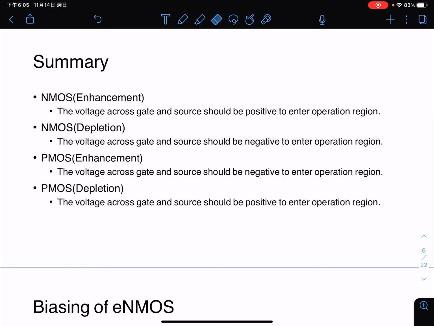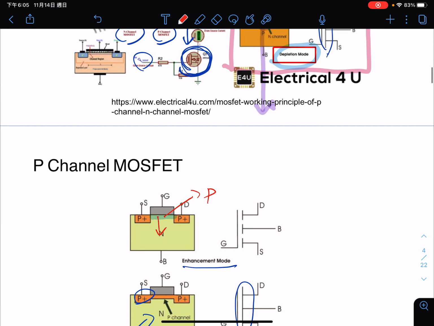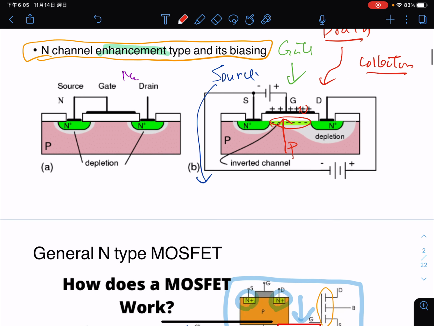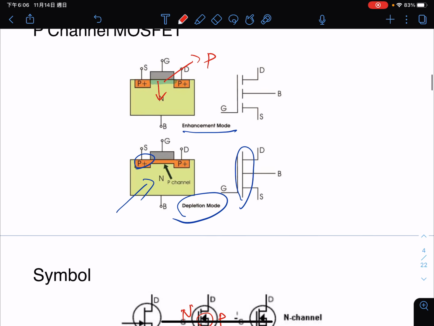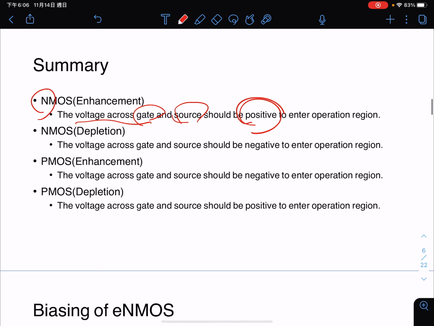In the enhancement mode MOSFET, the voltage across gate and source must be positive, because originally there is no charge here. We need a positive voltage here to create the N channel. So for the N channel enhancement mode, we need a positive voltage here.